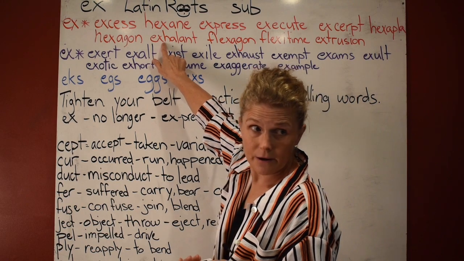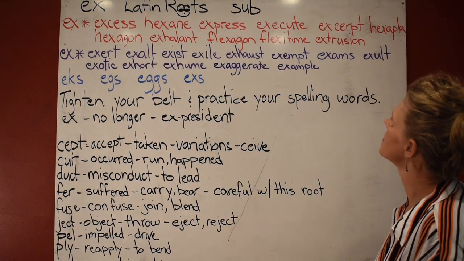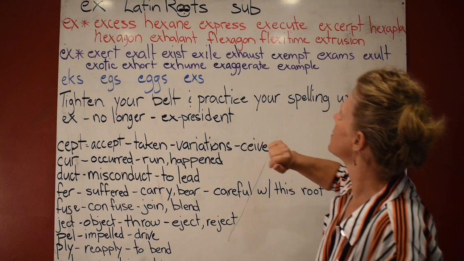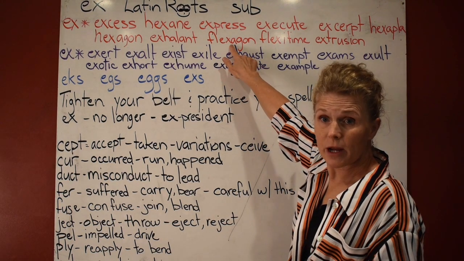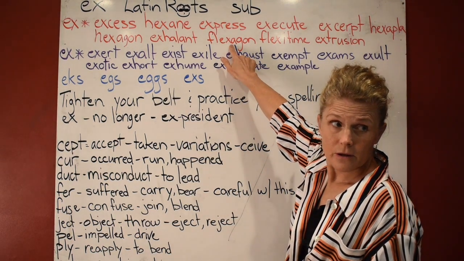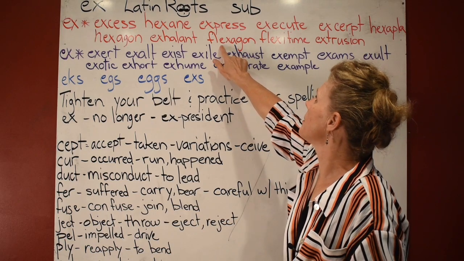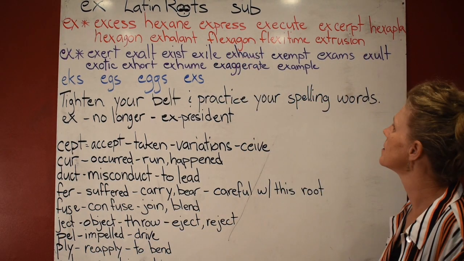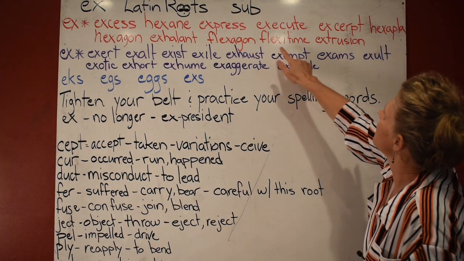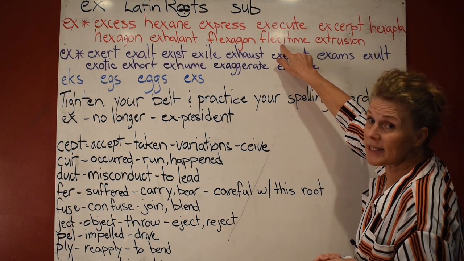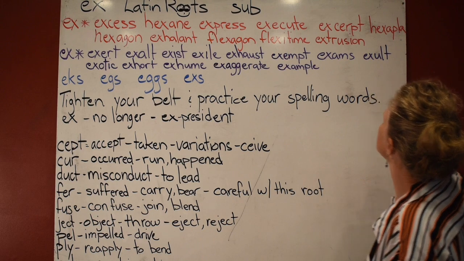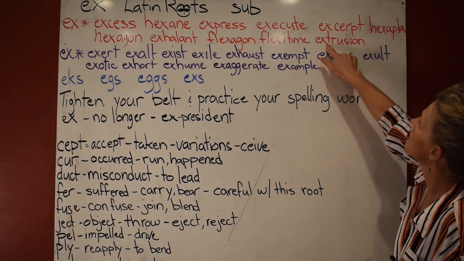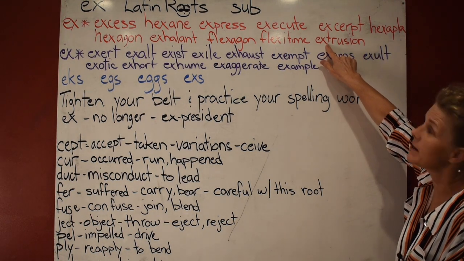There's no S here. Flexagon. Do you see an S right there? No, we do not spell it EXS. Spell it with the next syllable. Flexitime. There's no S here. Extrusion, that's a consonant. There's no S here.